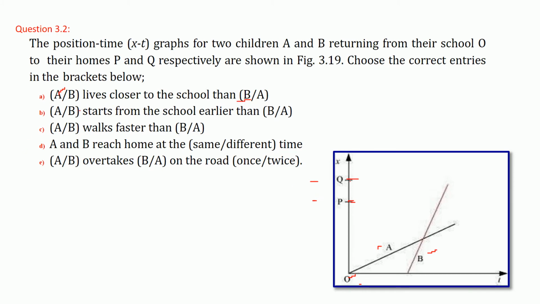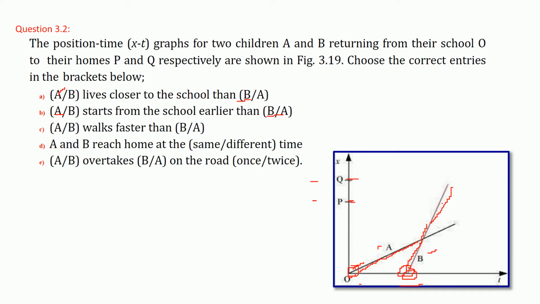Then, A starts from the school earlier than B. Here A starts at t equal to 0, but B starts afterward, after some time. So we choose A here, and then for the next, A walks faster than B. By the time A has reached here, B, although he started later, has crossed or reached the house.